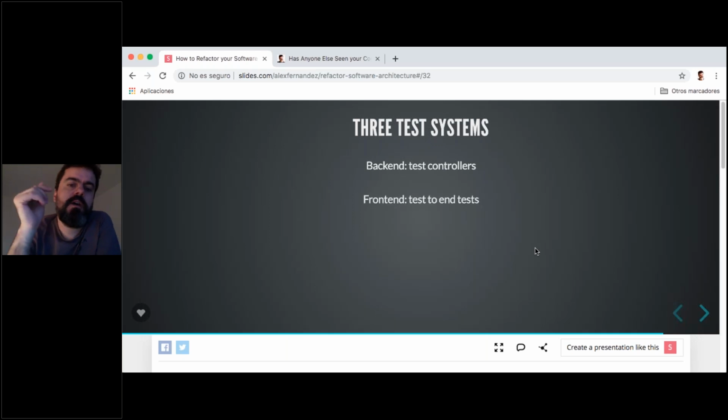So the second one is on the front end, and this is a bit more involved. What we have here is a system that brings up a test browser. It's called Cypress, the test framework. It brings up a browser, then it fires events on the browser, and it calls our code.